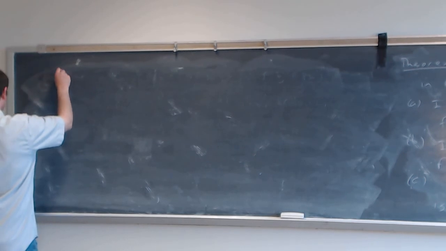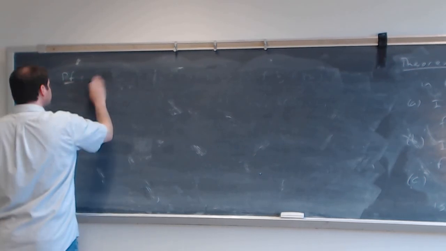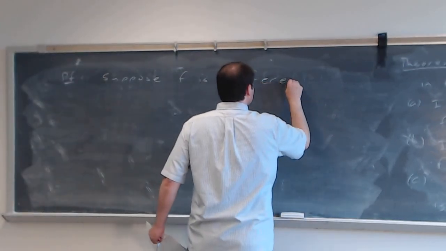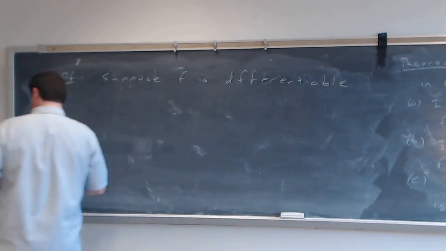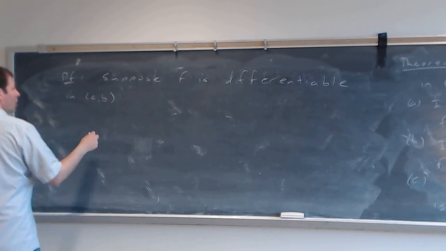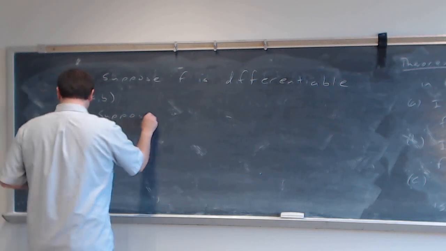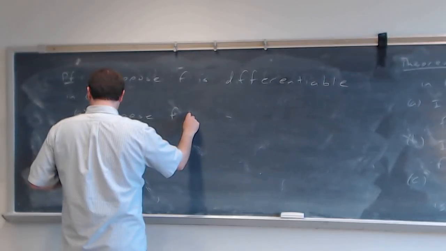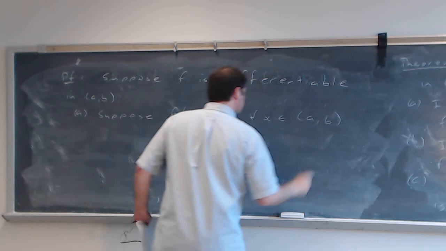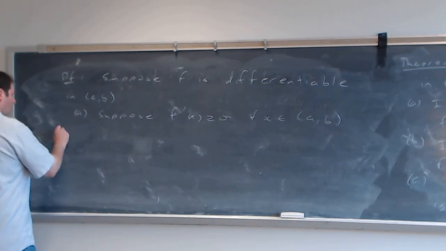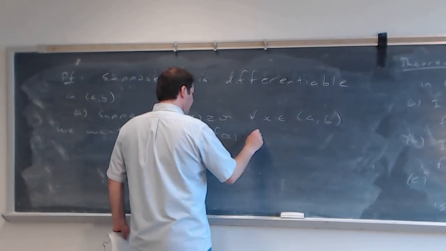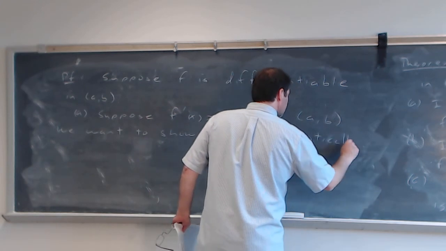So let's do the proof. Let's suppose f is differentiable on A to B. Now for part A, we'll suppose f prime of x is greater than or equal to 0, for all x element of A to B. We want to show f of x is monotonically increasing.